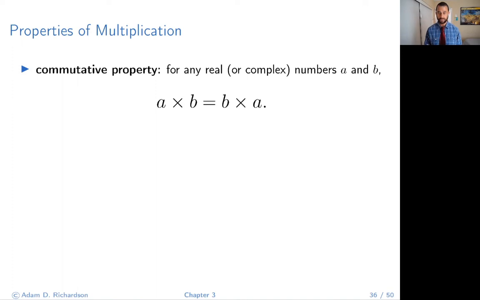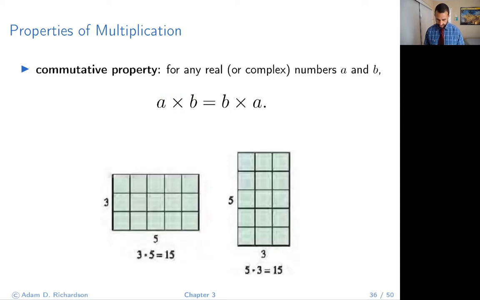Okay, first off, the commutative property for multiplication. Everybody loves it. Everybody knows it. It basically says that it doesn't matter which order you do the multiplication in, you'll get the same number as a result. The product is the same. So A times B is the same as B times A. That's what that means. Here's a pictorial representation of that because we want to be able to explain this concept to our students without relying on just these symbols, right?